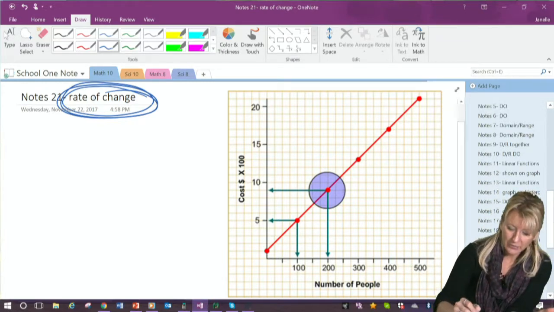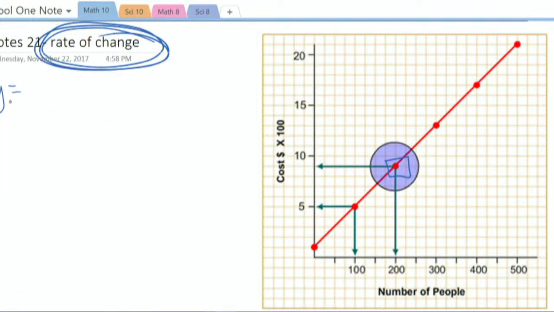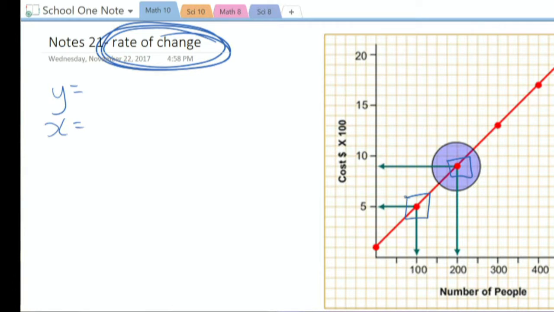So for example, if I'm using this point here, I'm going to look at how the y changed and how the x changed from here to here. I'm going to look at the value of my y, and notice that this is by $100. So it doesn't mean that it's 9, it means it's 900. So my first point is 900. I went from 900, and how did it change going down? It went here to 500.